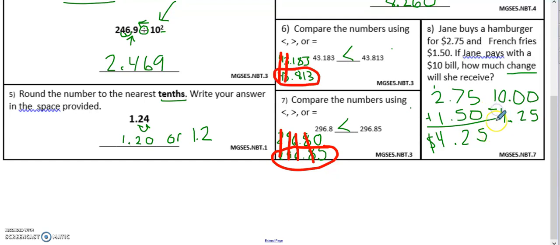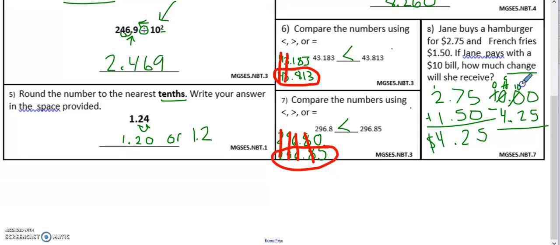Now we're subtracting. So here we go. 0 minus 5, stop, regroup. We're going to go all the way over to that 1 in the tens place. We're going to regroup that 1, turn it into a 0. That 0 is going to become a 10. Now we can regroup that 10, so that 10 becomes a 9, and our next 0 becomes a 10.